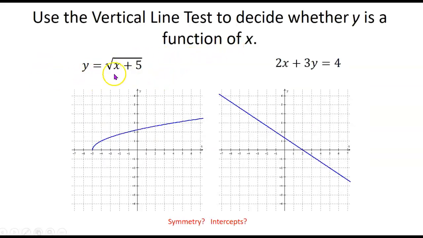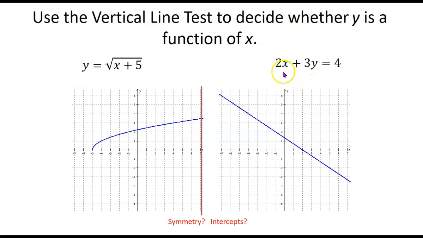So y equals the square root of x plus 5. The graph looks like this. Does it pass the vertical line test? Yes. Any vertical line would touch this graph at only one point, or maybe no points at all, but never at more than one point.